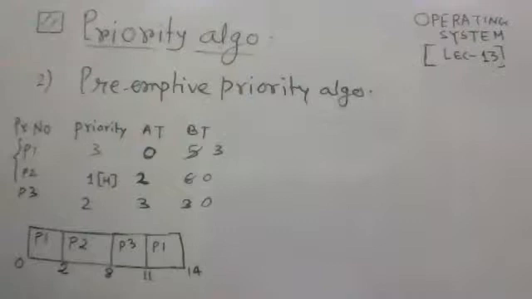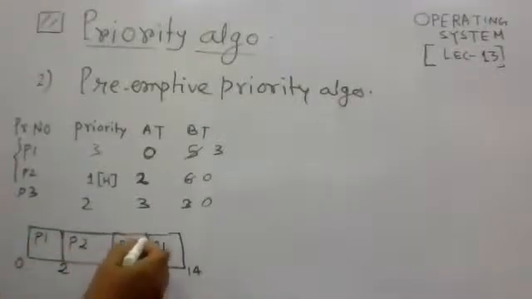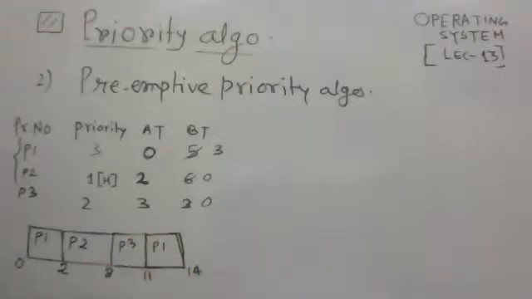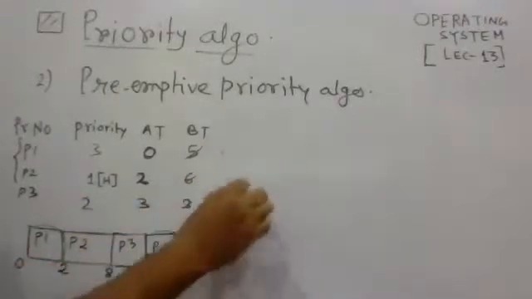Okay, so you can see here P1 is actually a preempted process. It entered the CPU twice, once here and once here. So this is actually the preemptive priority algorithm.